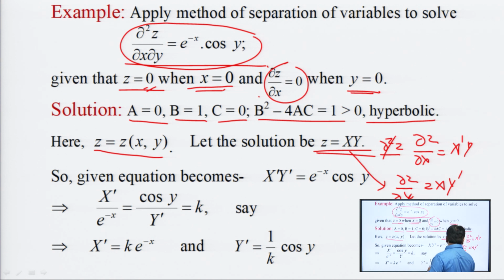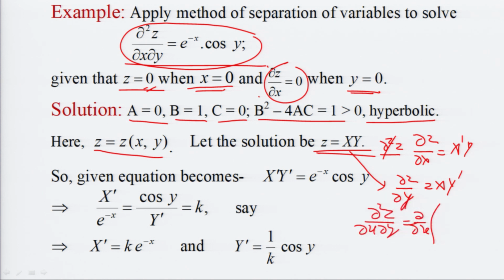So, del 2 z by del x del y is equal to del by del x of del z by del y, which is equal to del by del x of x y dash, which is equal to x dash y dash.